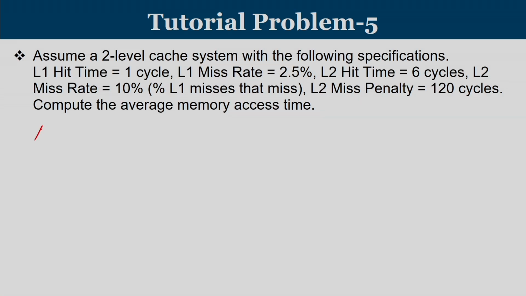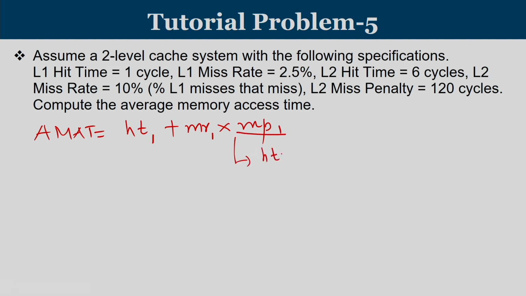Average memory access time, as I have mentioned previously, is defined as hit time of L1 plus miss rate of L1 into miss penalty of L1. This miss penalty of L1 can be defined as hit time of L2 plus miss rate of L2 into miss penalty of L2. So, let us try to compute these values.